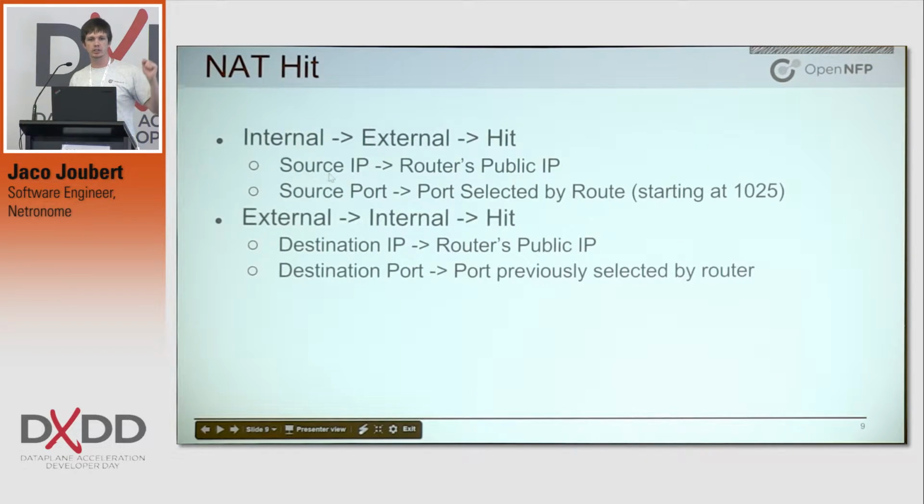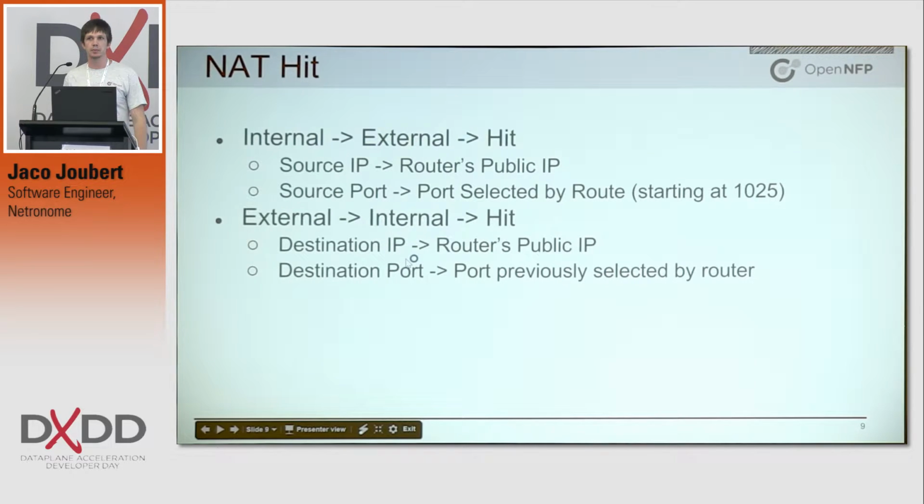This will then take the source IP and change that to the router's public IP. And it will take the source port and change that to a port going out starting at 1025. So every packet going out after that will have a 1026, 1027, just to have a different port going out.